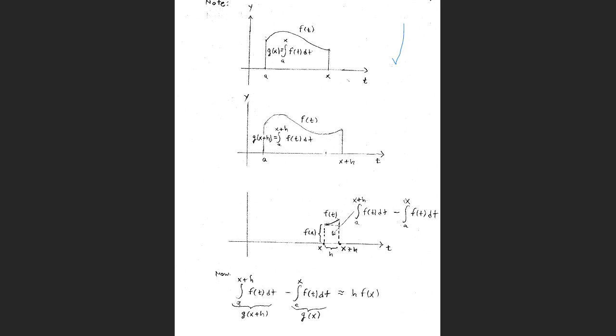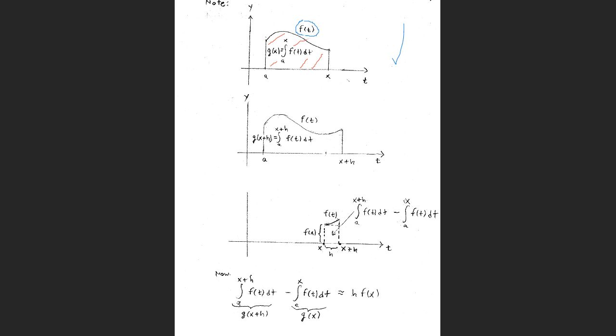In the first graph, I have this function f of t here, and the area here. What is that area?